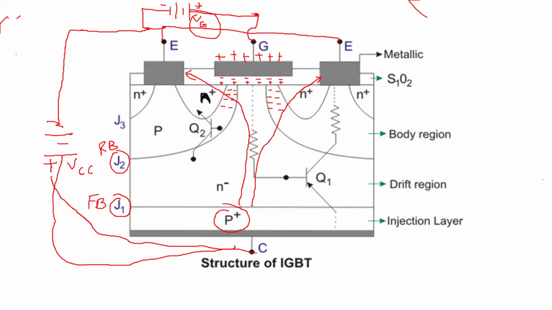That is the control voltage you are giving at the gate, and this is how the current from collector to emitter keeps increasing. So this was the explanation of the working of the structure of IGBT.